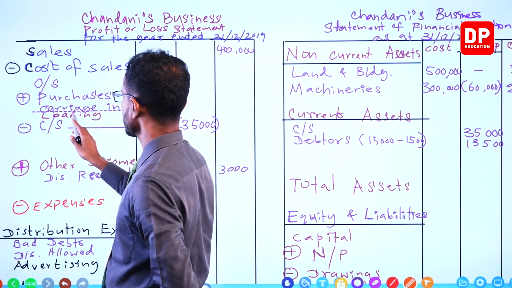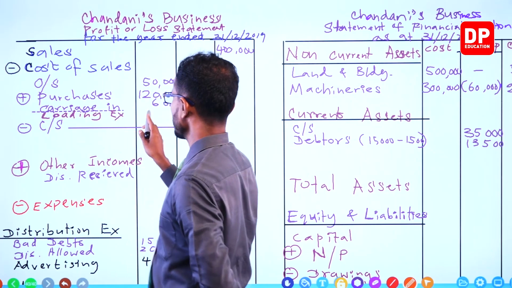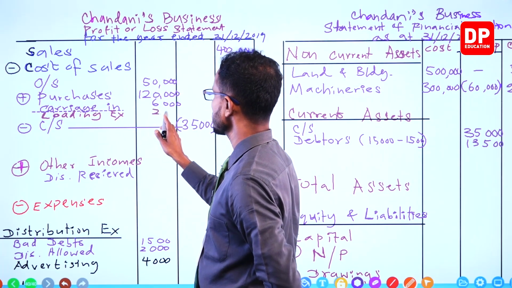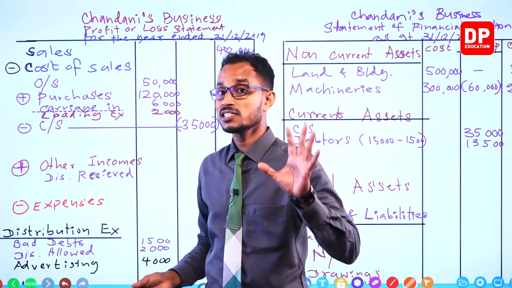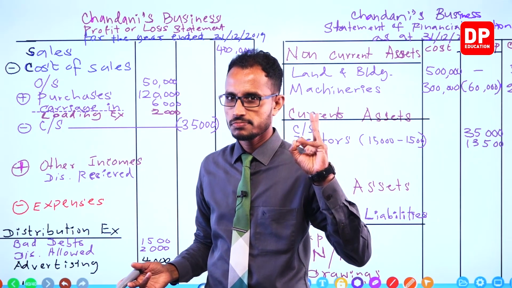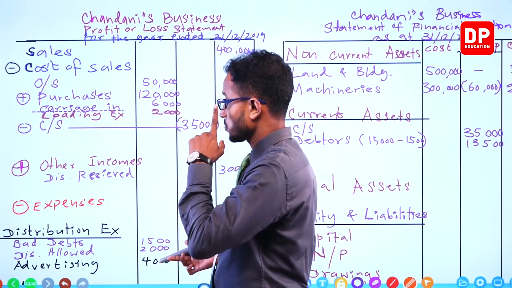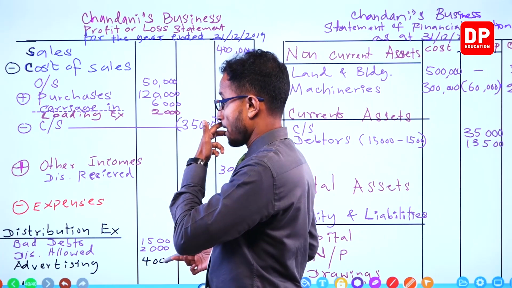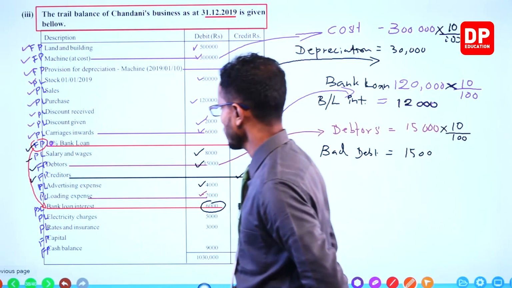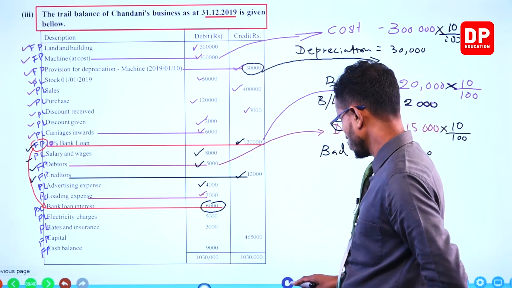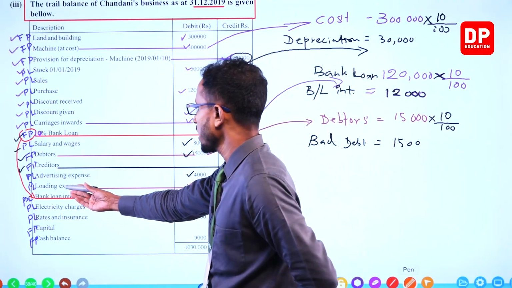Loading expenses, leave at least 2 lines under purchases, otherwise you're going to have this space problem. Now it's okay. Done. We took loading expenses 2,000, and ticked.